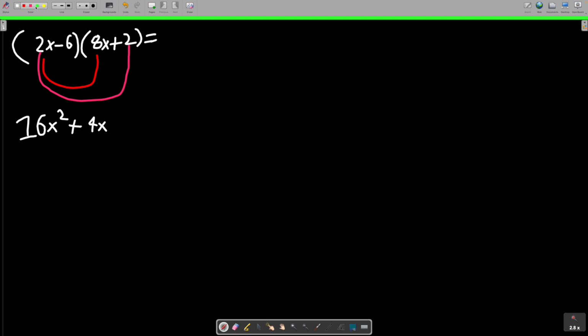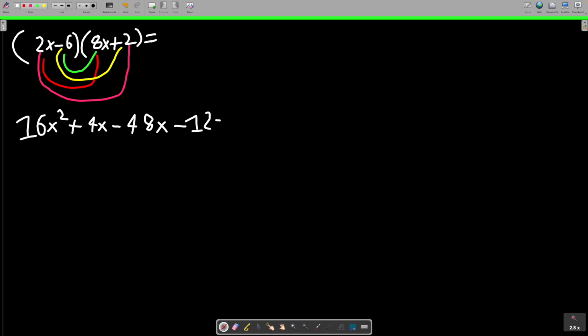So we're going to have the real inner one that's really packed in here, which is negative 6 times 8. Negative 6 times 8 is negative 48. So we're going to have negative 48x. And then L stands for last. This is the last one. So negative 6 times 2, which is just negative 12.